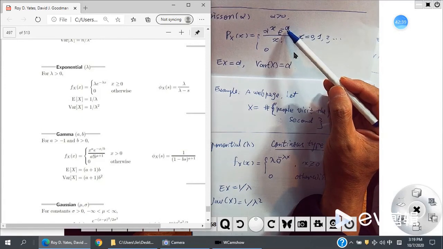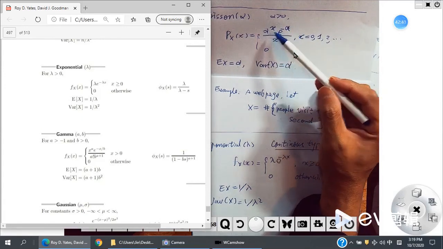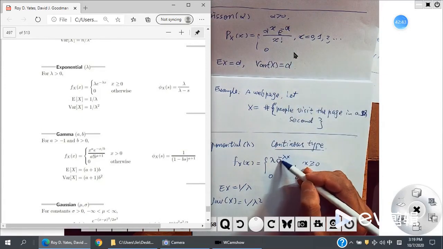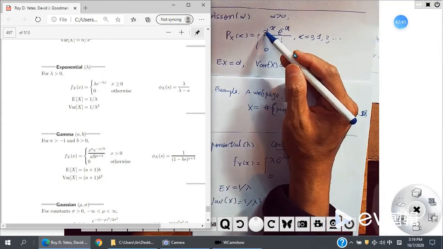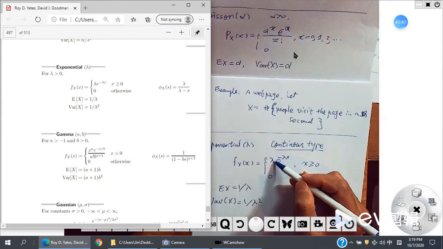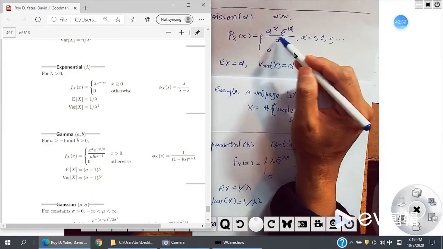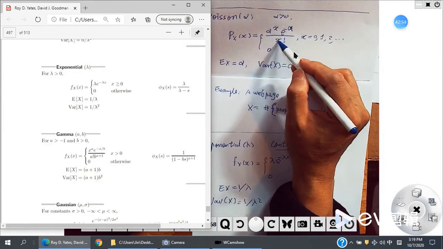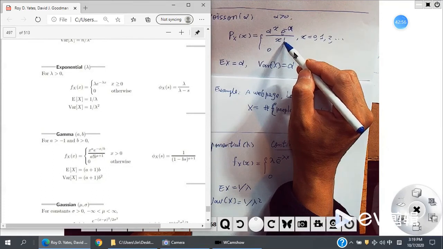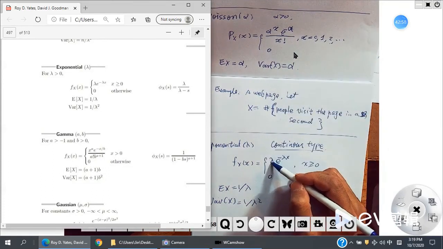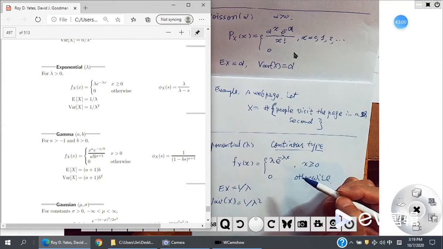Somehow similar. You have an exponential power here, and here just a power of alpha, right? And you have a constant lambda. Here's e to the negative alpha. But for the discrete case, you have x factorial in the denominator, and here just the lambda.